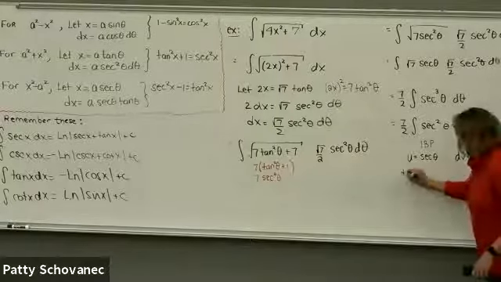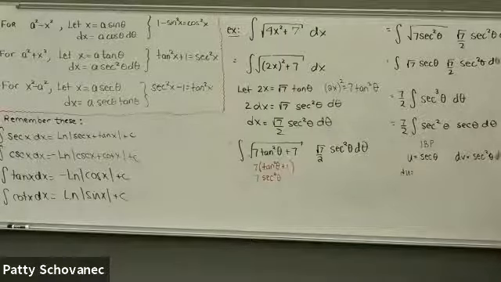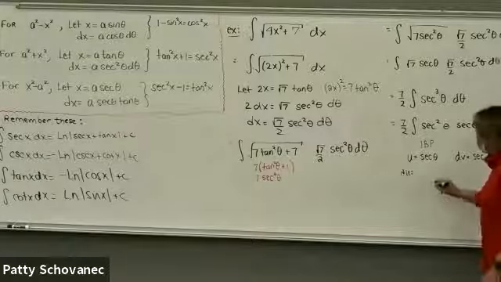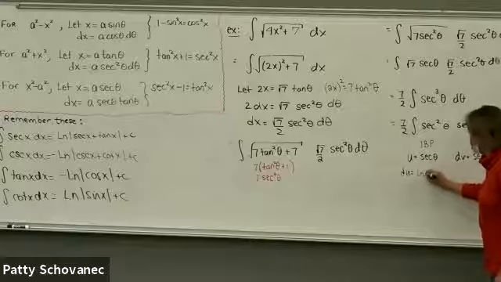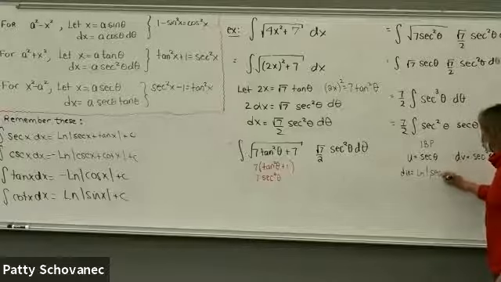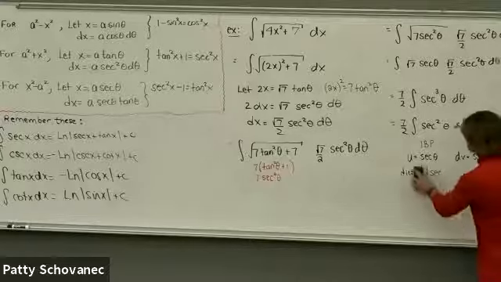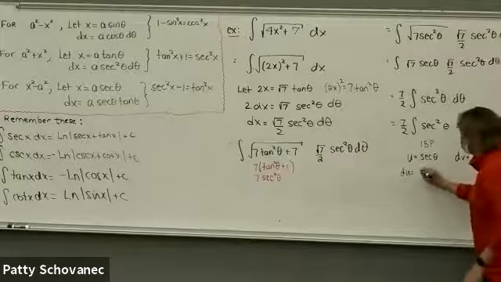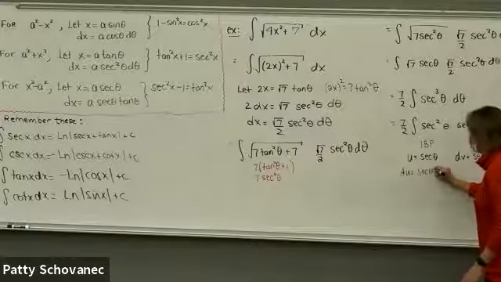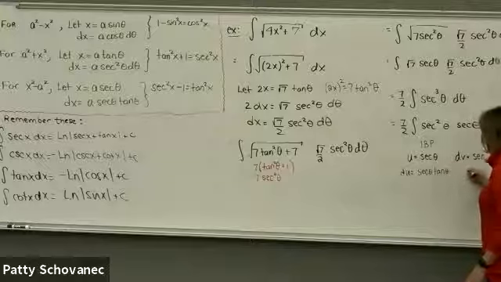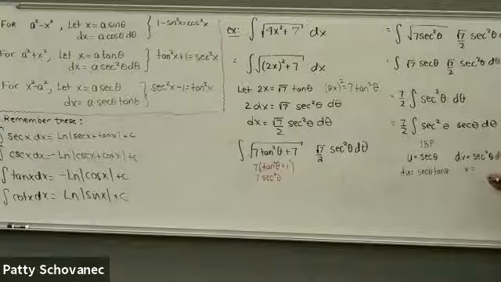So the du, remember, oh, there it is over there, it's looking right at you. That's the log of secant of theta plus the tangent of theta. Oh, sorry, that's not du, that's the integral. The derivative of secant is secant theta tan theta. The integral of secant squared is tangent.